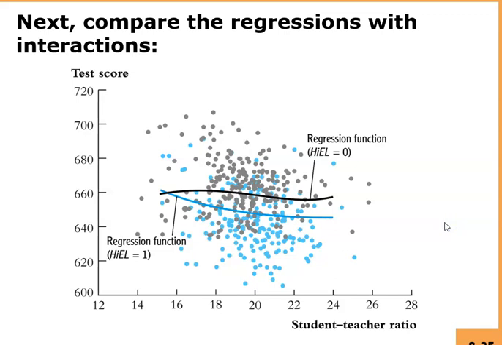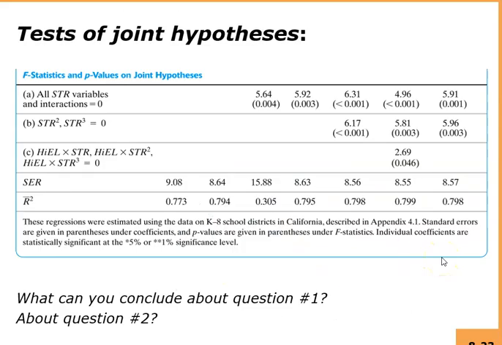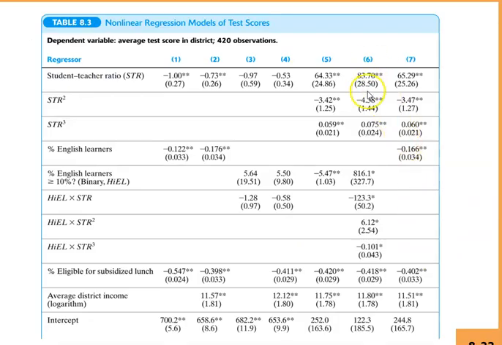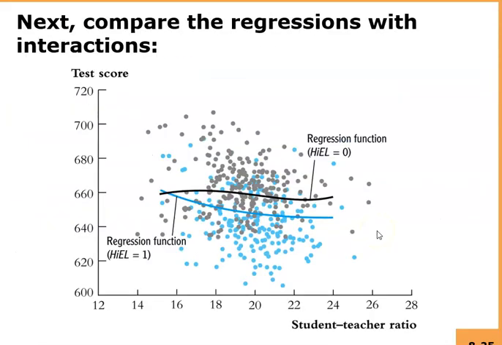Now these two lines or curves come from the specification number 6. Let's just take a look at that specification once again. In this specification, we have introduced the nonlinear terms for STR while also including their interaction effects.